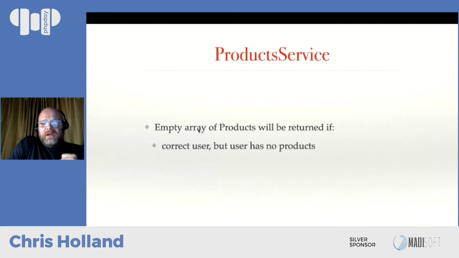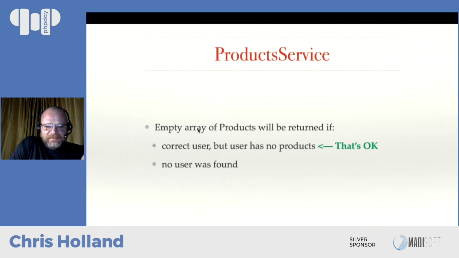One, the correct user was sent, but that user had no products, and two, no user was found. In both cases, I'm going to return an empty array of products. The first case makes sense: if the user has no products, it's okay to return an empty array. But obviously, if no user was found, that's kind of strange behavior, right?